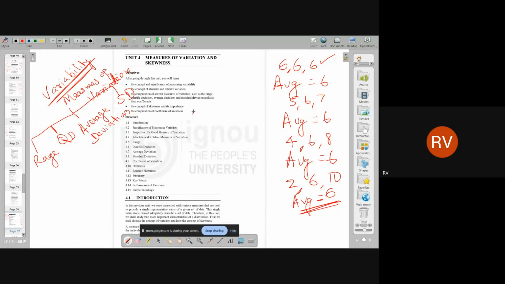Range is the highest value minus the lowest value. It is a simple calculation.